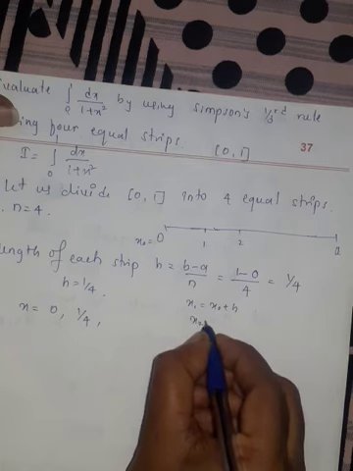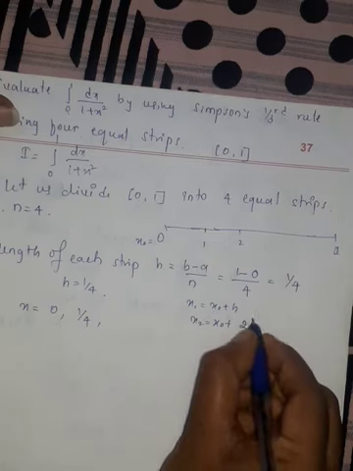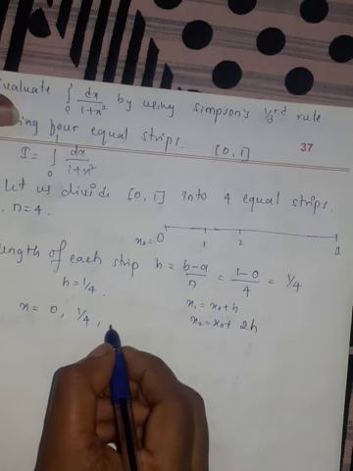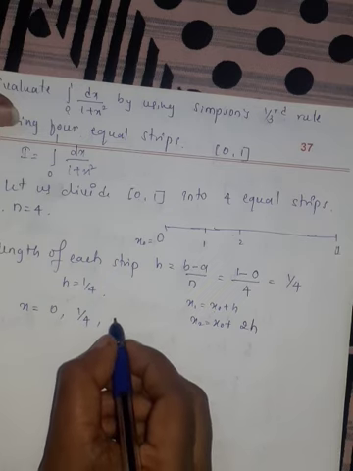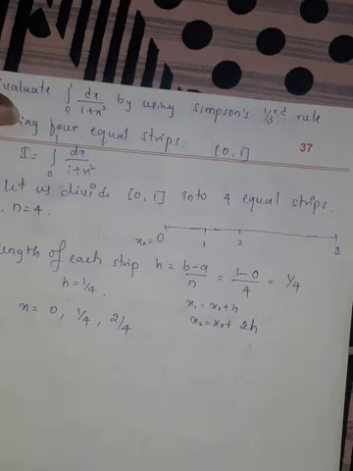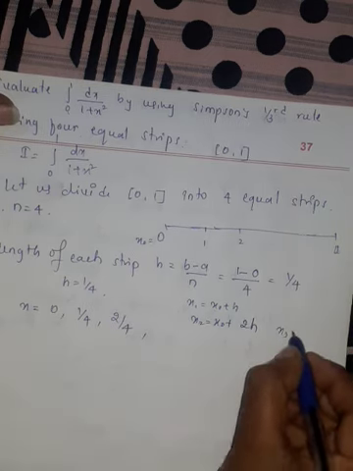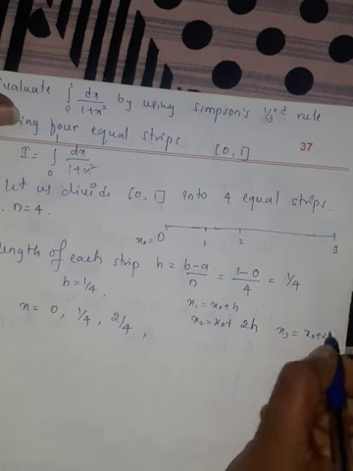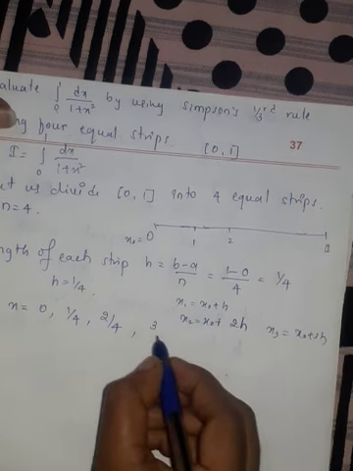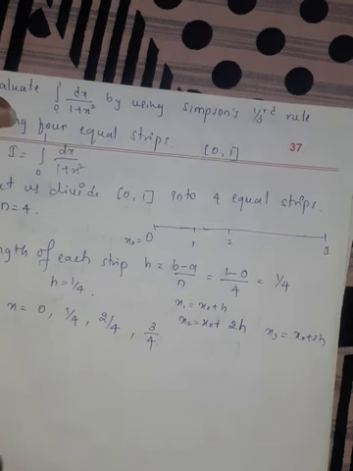Next, what is x2? x0 plus 2h, so 0 plus 2 into 1 by 4, which is 2 by 4. Next is x3, which is x0 plus 3h, so 3 into 1 by 4.